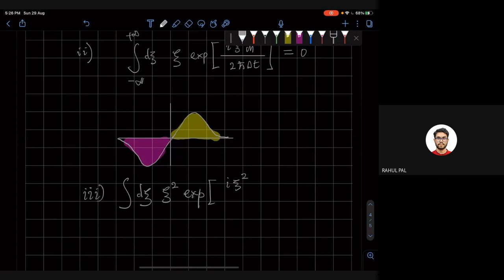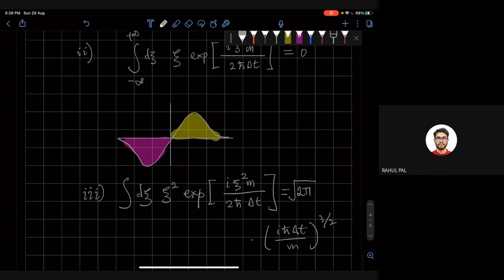Okay? And if you do this, it's square root of 2 pi, and then times i h bar delta t by m. I never have these things memorized. I always have to either look them up or have to redo them.